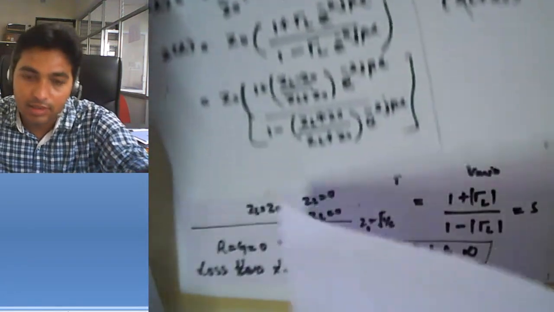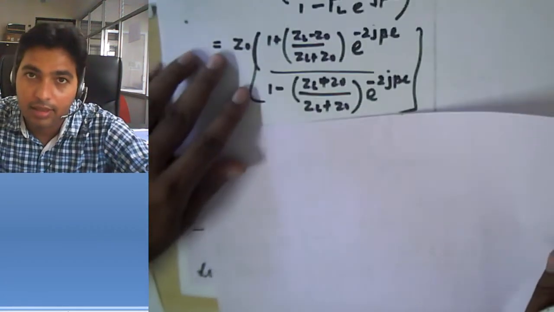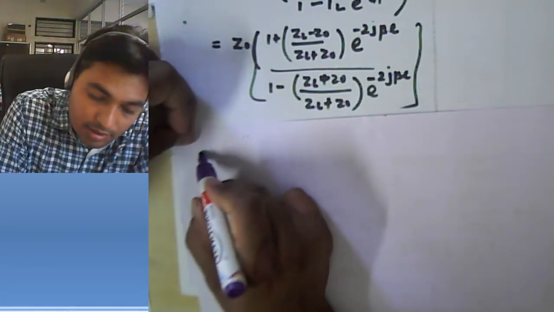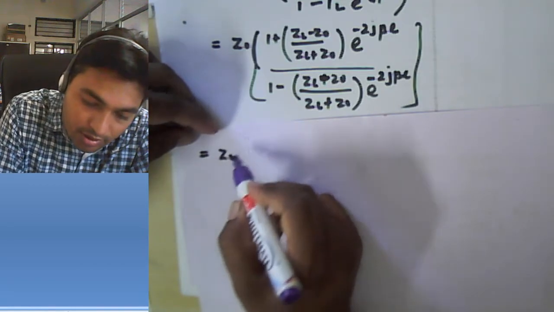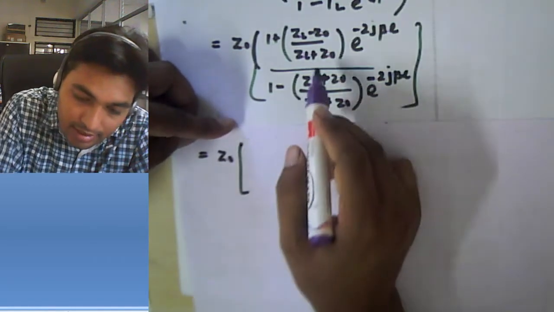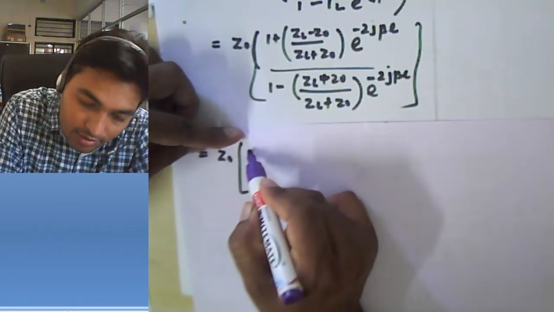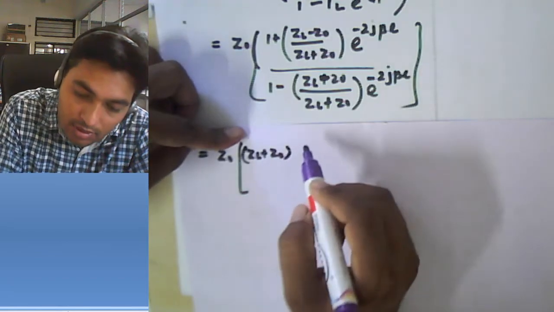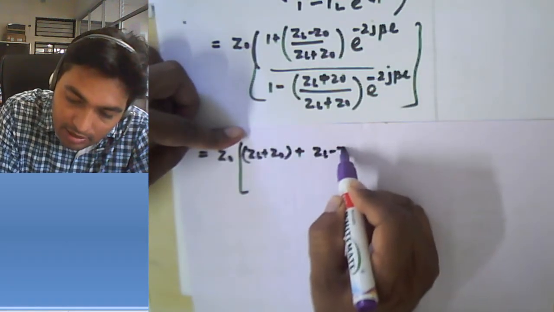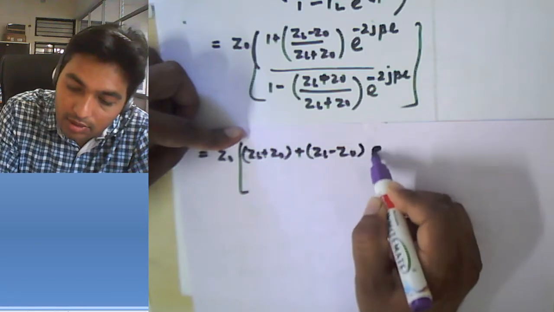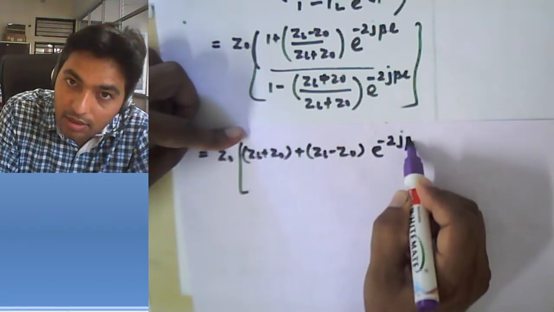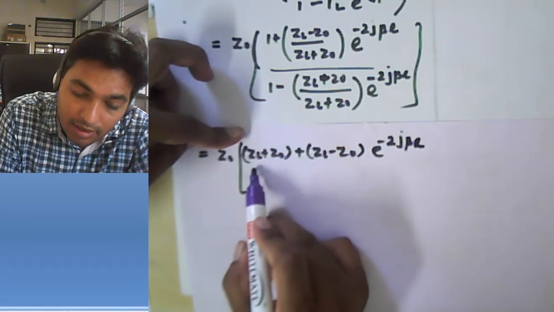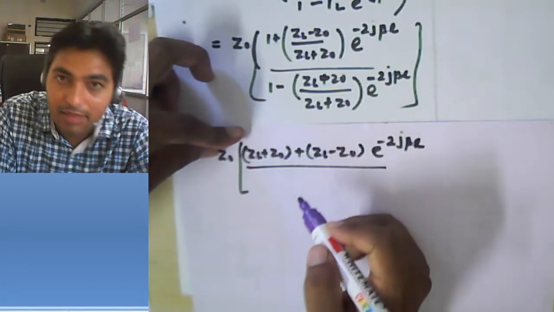So we'll simplify this and it will be equal to, so Z0 is constant. Now this is ZL into Z0, 1 into ZL plus Z0, plus ZL minus Z0 into e raised to minus 2j beta L. Similarly, here also we will take ZL plus Z0 common.